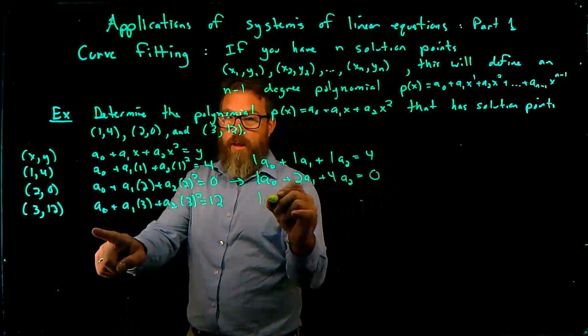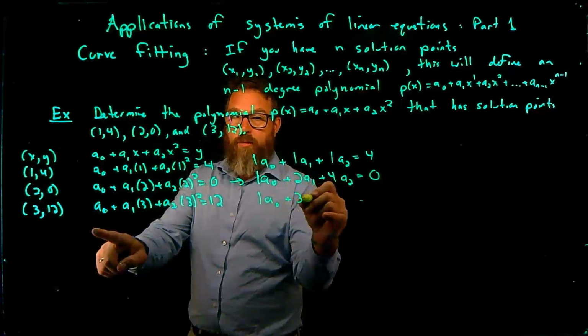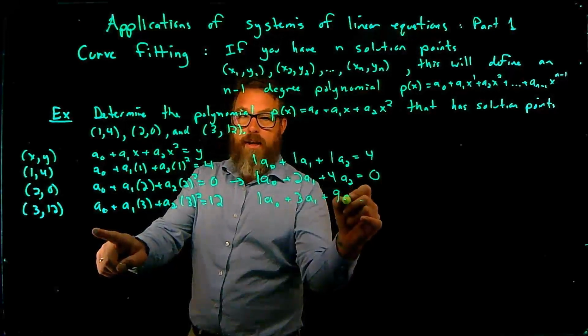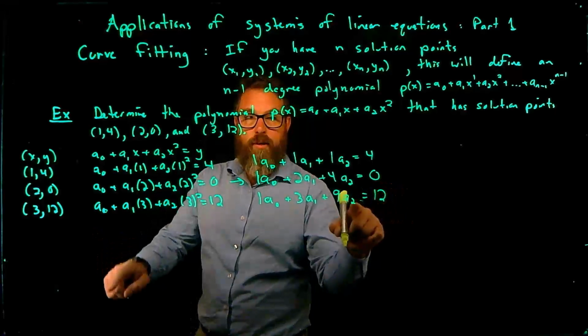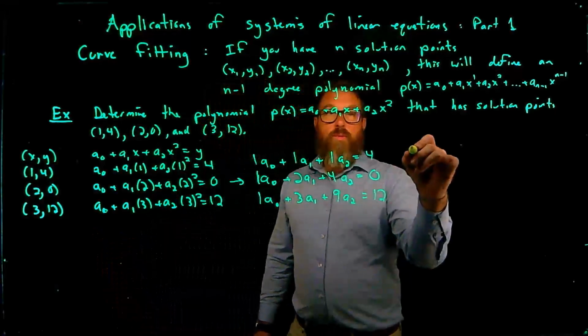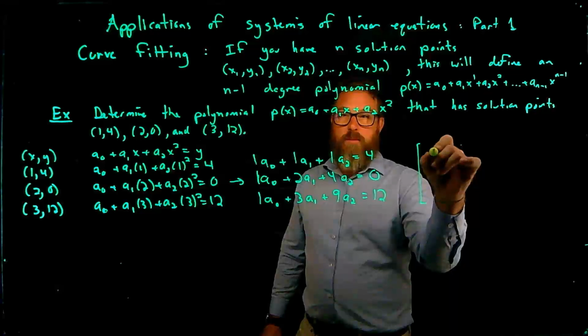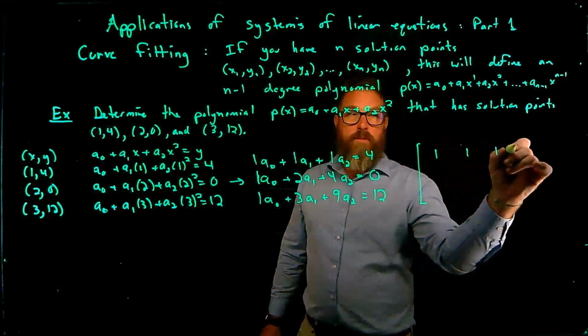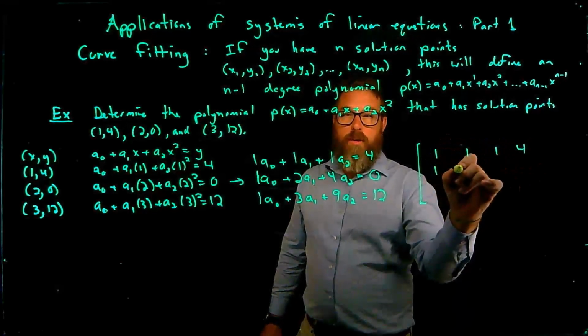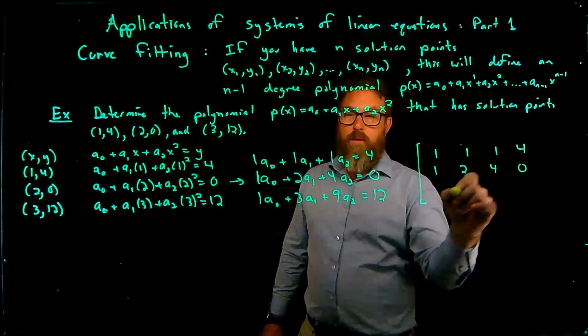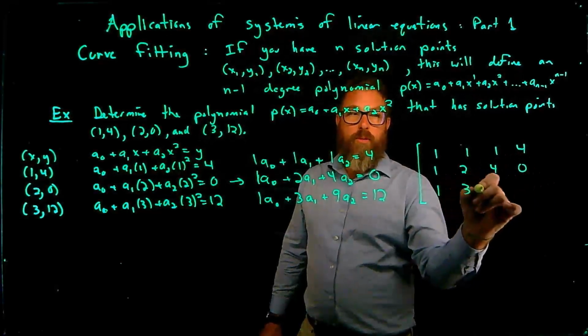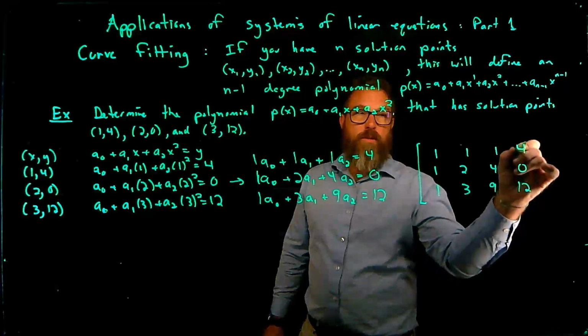And similarly, 1a naught plus 3a1 plus 9a2 is equal to 12. And what we can do is rewrite this as a matrix: 1, 1, 1, 4, 1, 2, 4, 0, and then 1, 3, 9, 12.